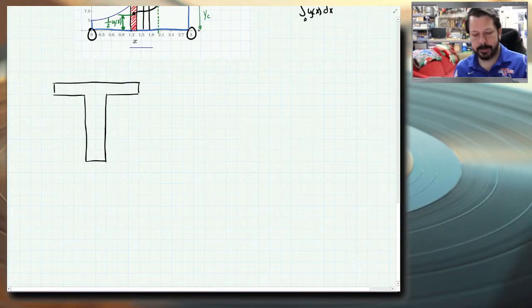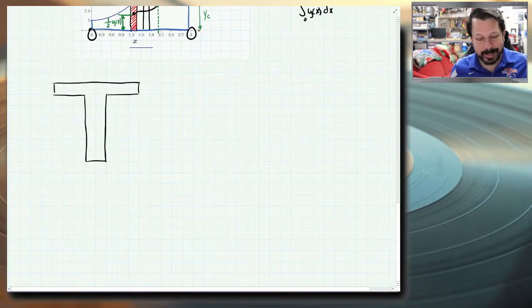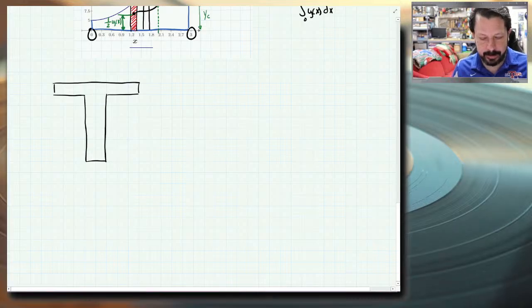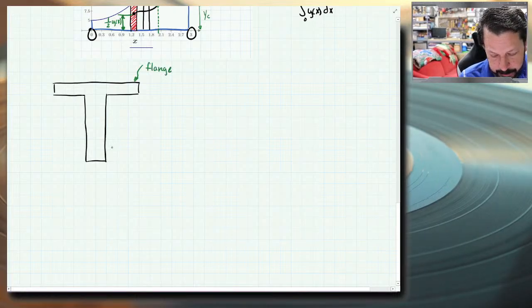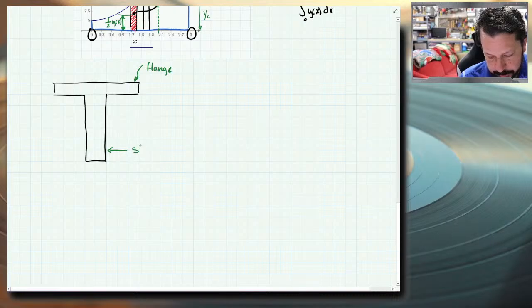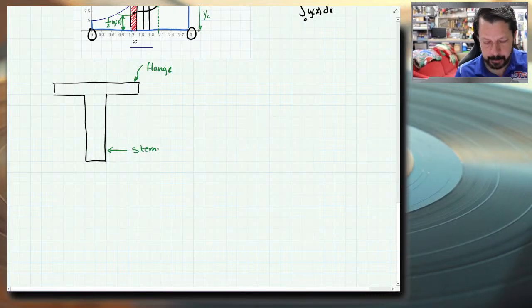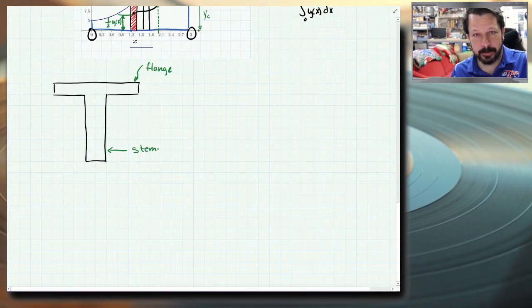It's got a really wide stem, and the flange is kind of an average shape. So this part up here is the flange, and for a T-beam, this part down here is called the stem. On an I-beam, it's called the web.